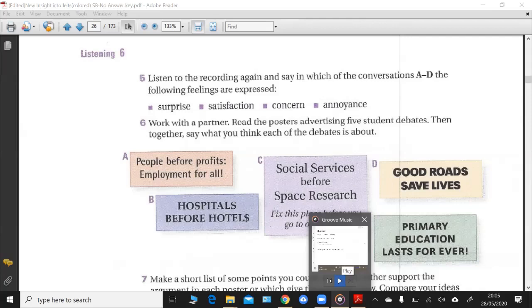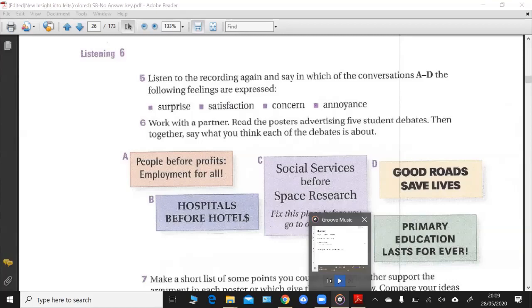And how do you feel when they are talking about this thing? Are they surprised? Are they satisfied? Are they concerned? Or are they annoyed? Okay, so now, for example, if you are a student and you are doing research work, and you don't get the proper funding, will it be a concern for you, or will you be annoyed?